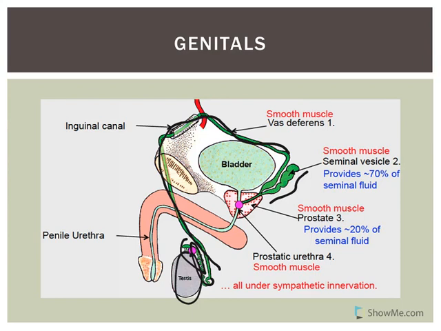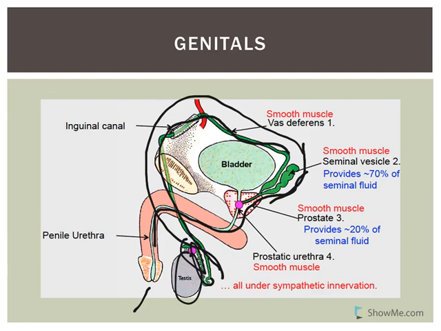Those are innervated by sympathetic fibers. And what happens during an orgasm is you have a process called emission. Emission is that movement of the sperm and various glandular secretions, which starts happening up here, along here. It's still within the male's body. Ejaculation is when it leaves the body.